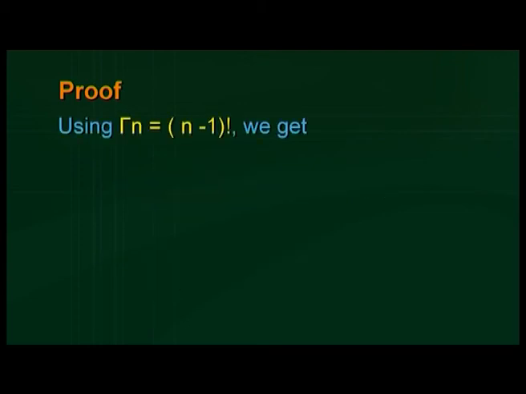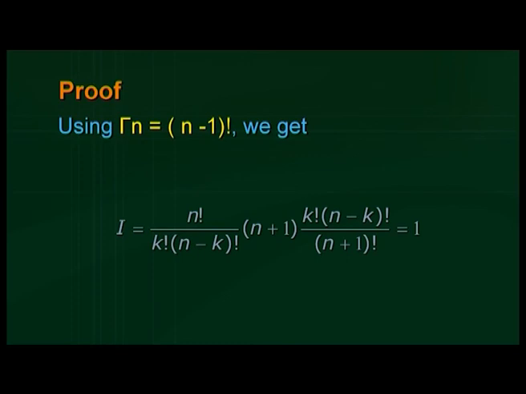Using the relation gamma n is equal to (n-1) factorial, we get I is equal to n factorial divided by k factorial into (n-k) factorial, into (n+1) into k factorial into (n-k) factorial divided by (n+1) factorial. On simplification, we get 1.